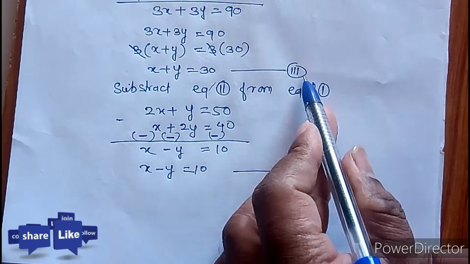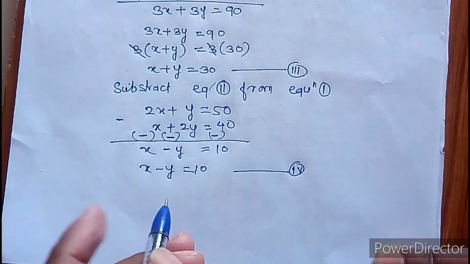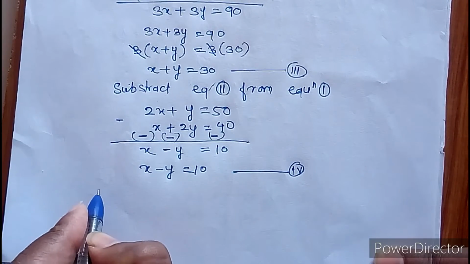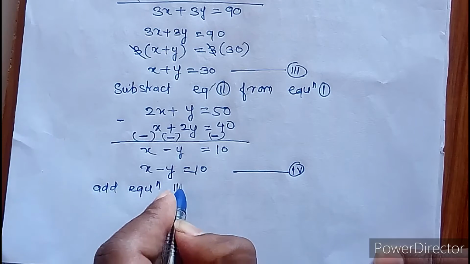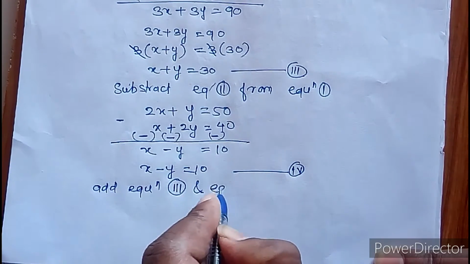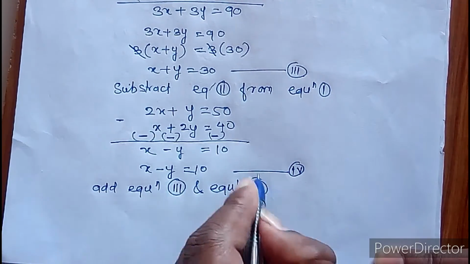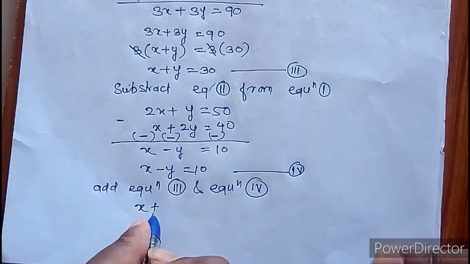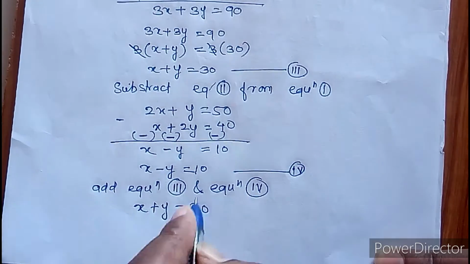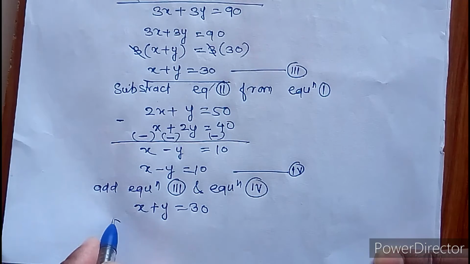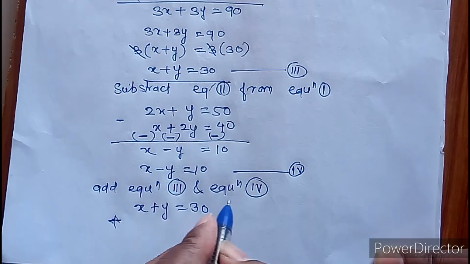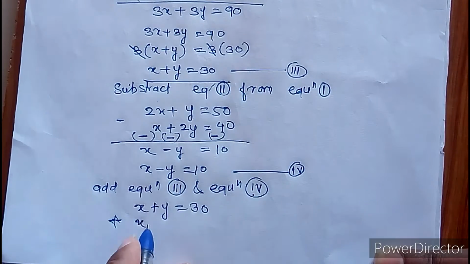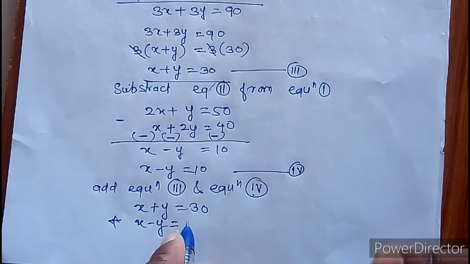We get equation number 3, x plus y equals 30, and x minus y equals 10. Now on solving equation number 3 and equation number 4, we have to add equation 3 and equation 4. Equation 3 is x plus y equals 30. We have to add, so give a plus sign, and the other equation, equation number 4, x minus y equals 10.